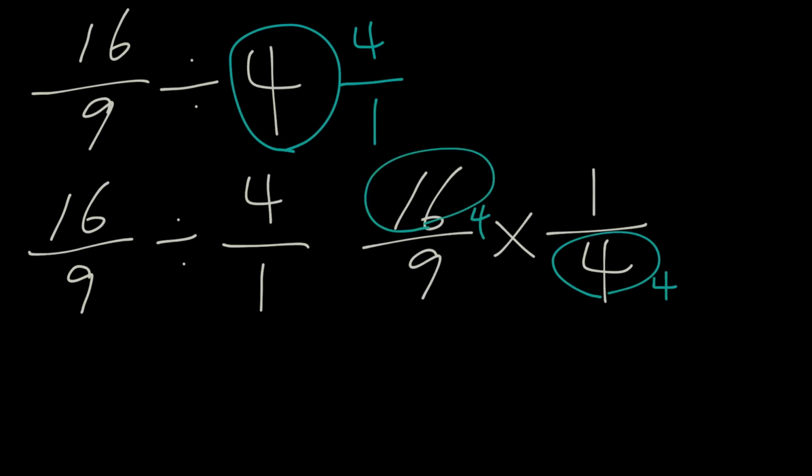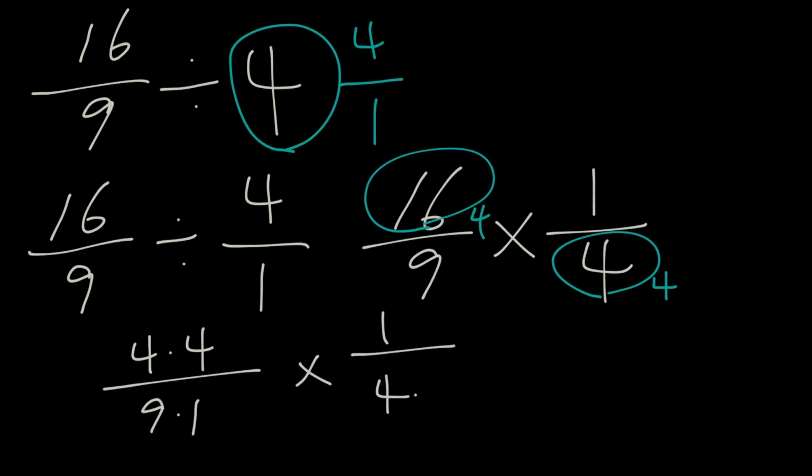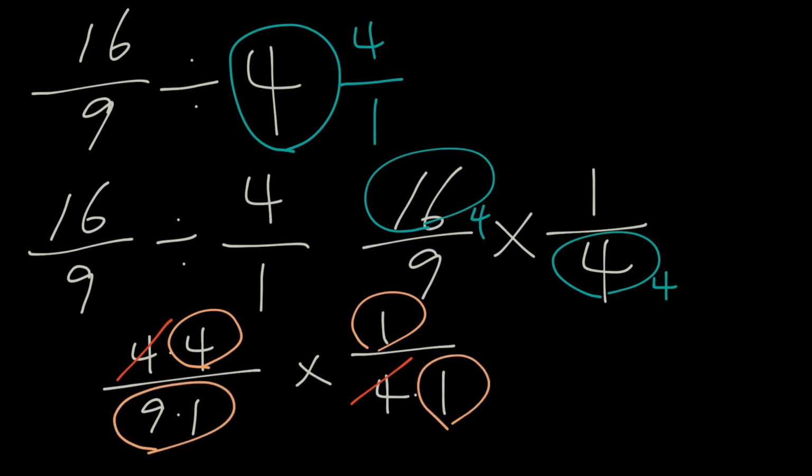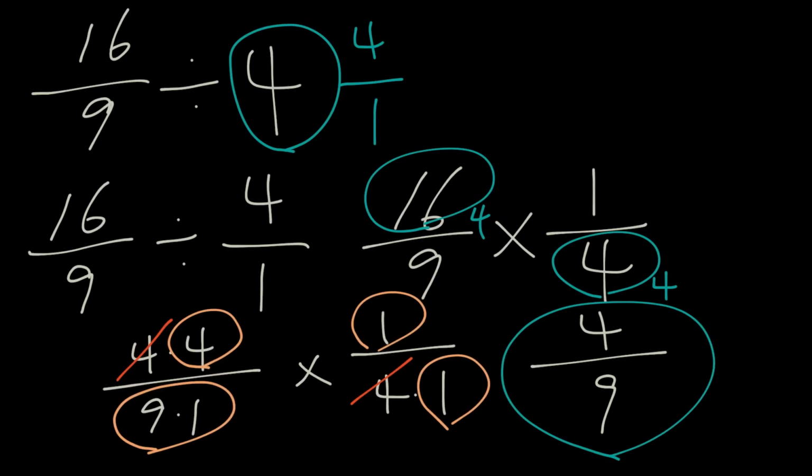This can definitely divide by 4. So we can rewrite it, and cross out the 4. And we are left with 4 times 1 is 4. 9 times 1 is 9. And that's our final answer.